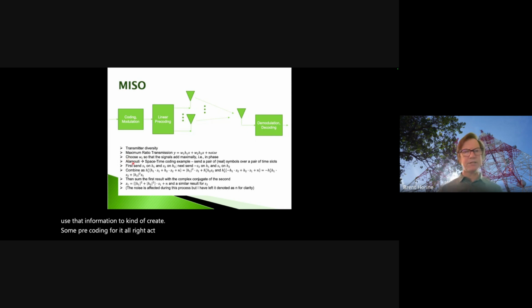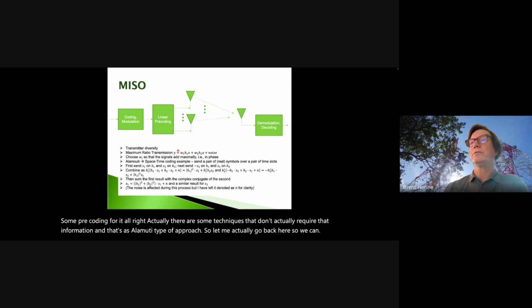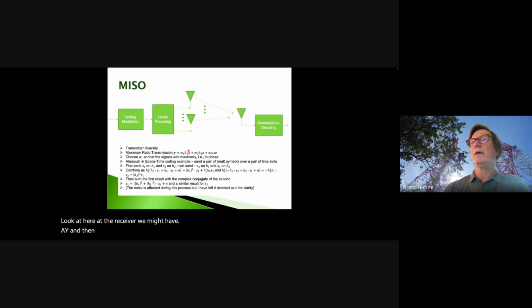Actually, there are some techniques that don't require that information, and that's the Alamouti type of approach. So let me go back here. At the receiver, we have a Y, and our input signal over here is X, which is then modified by this channel coefficient H1 or H2, right?